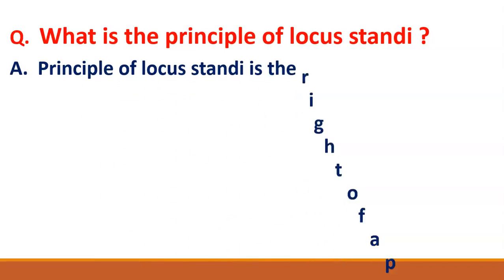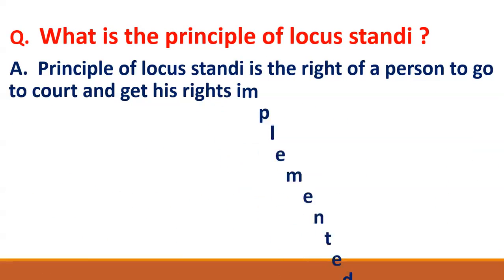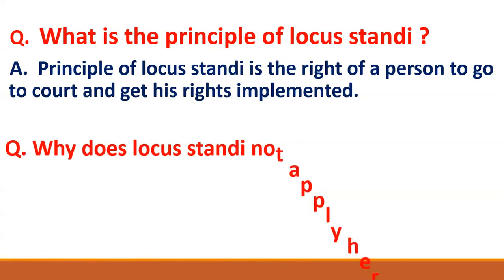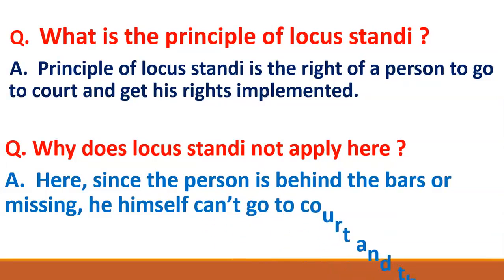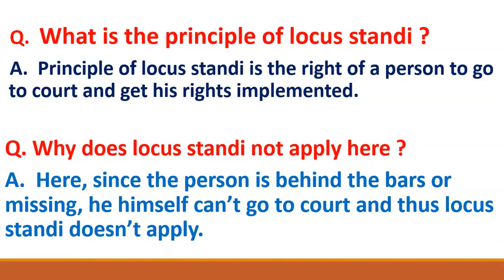So what is the principle of locus standi? Now the question arises, what is the principle of locus standi? The principle of locus standi is the right of a person to go to court and get his rights implemented. What does it mean? It means that suppose if any fundamental right of any person is violated, then that person himself has to go to the Supreme Court and that person will get his right implemented.